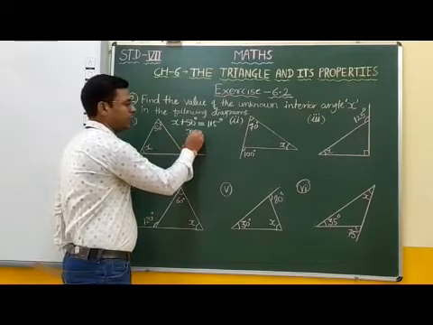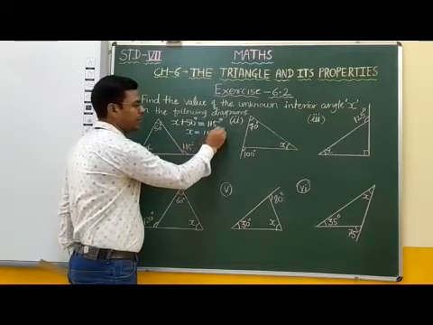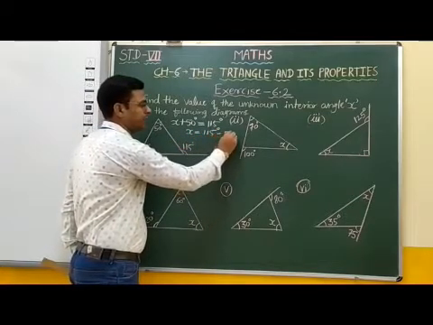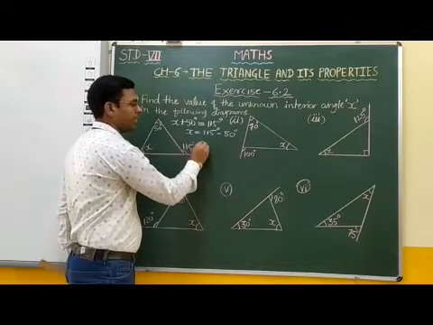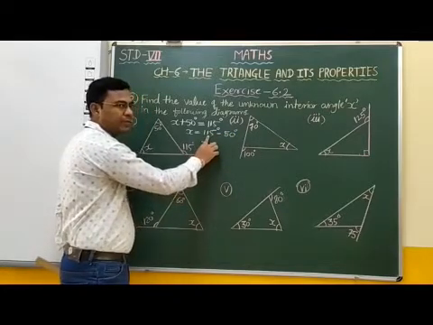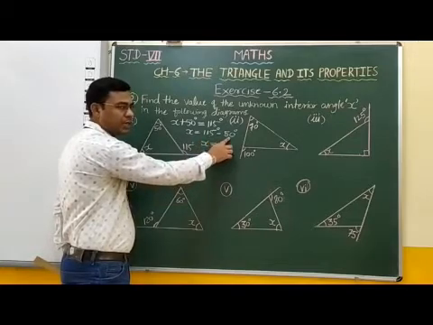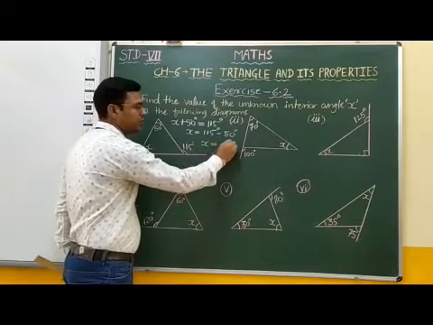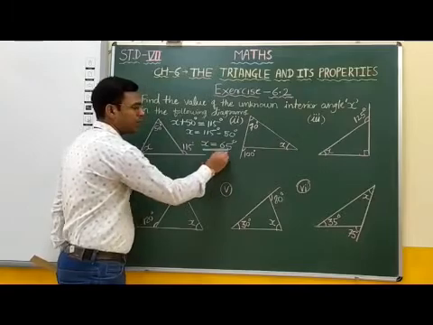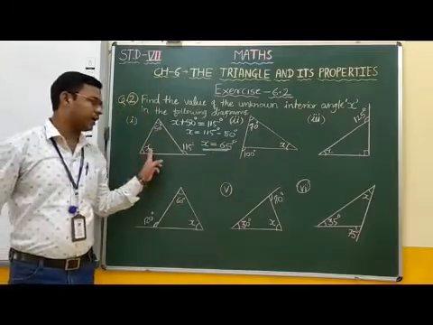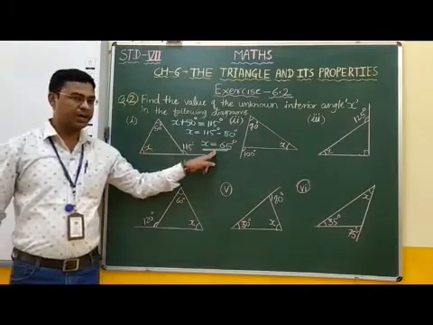Therefore, x is equal to 115 minus 50 degree. Therefore, x is equal to 115 minus 50, which is equal to 65. Therefore, the measure of angle x is equal to 65 degree.